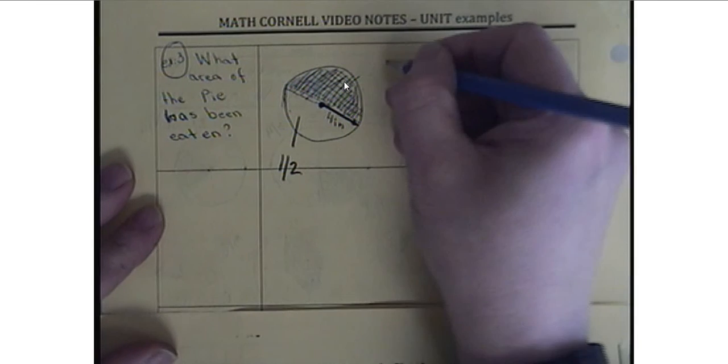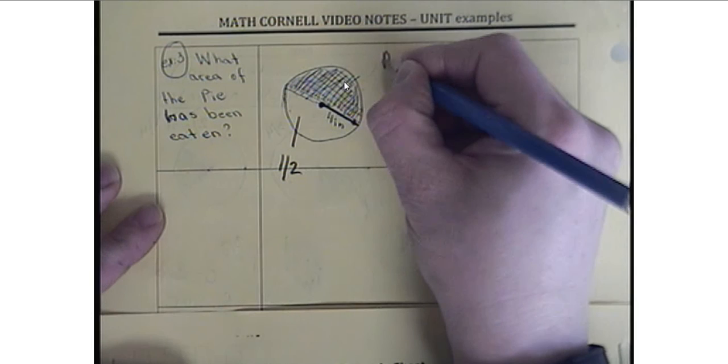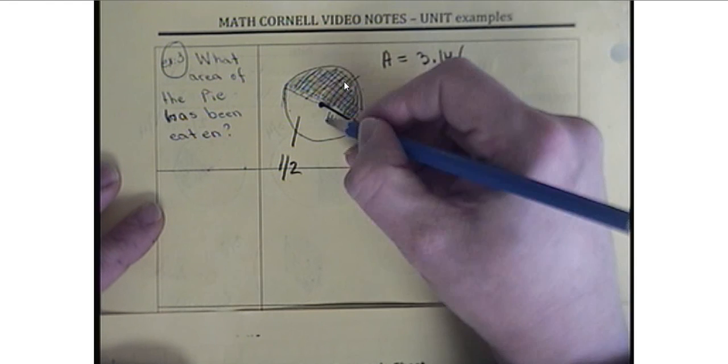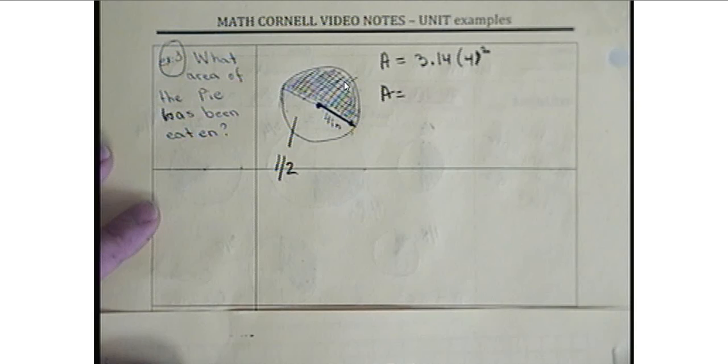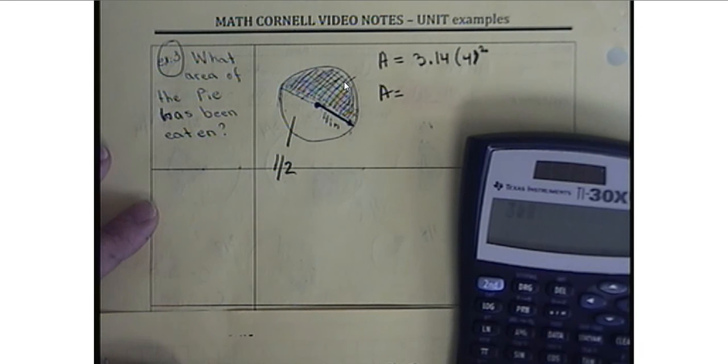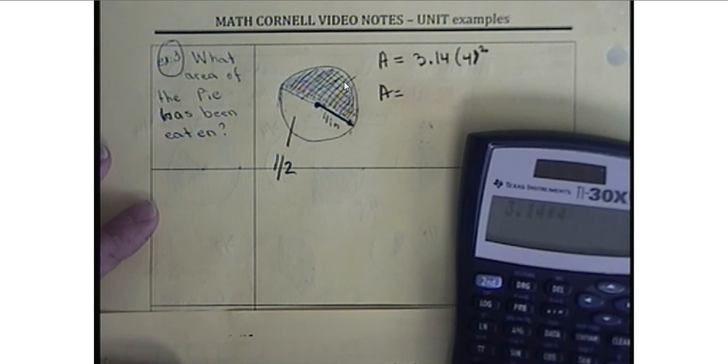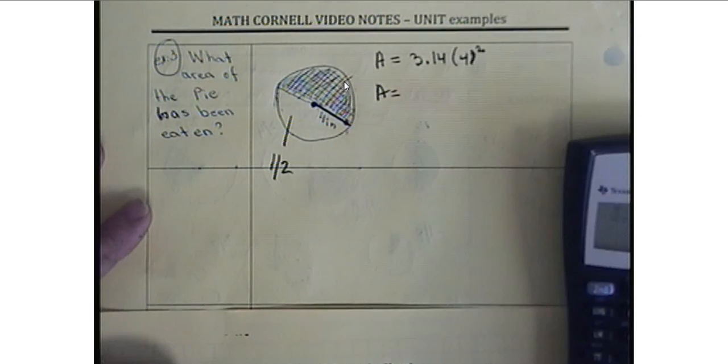And we will apply the same steps. We will calculate the total area of the circle, which is 3.14 times the radius, given to be 4 inches, so 4 squared. Let's calculate 3.14 times 4 to the second. This is equal to 50.24 square inches.